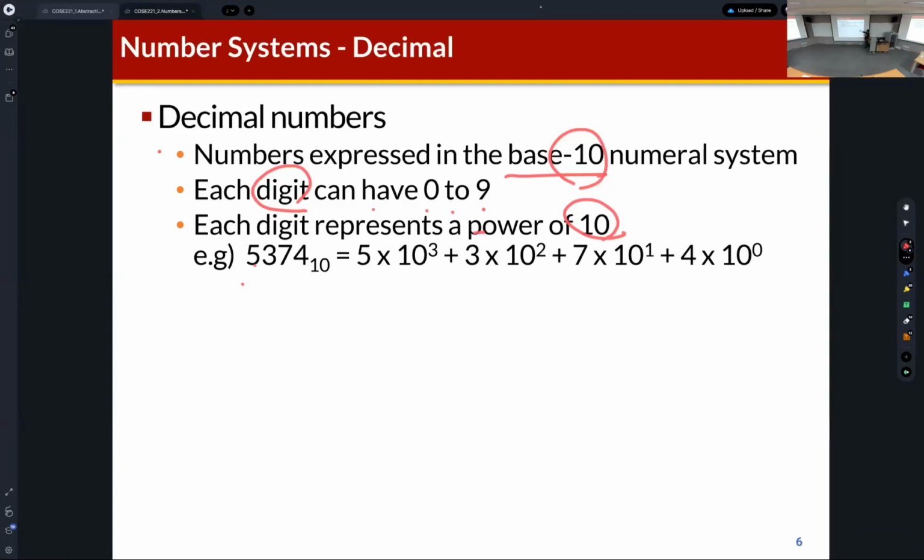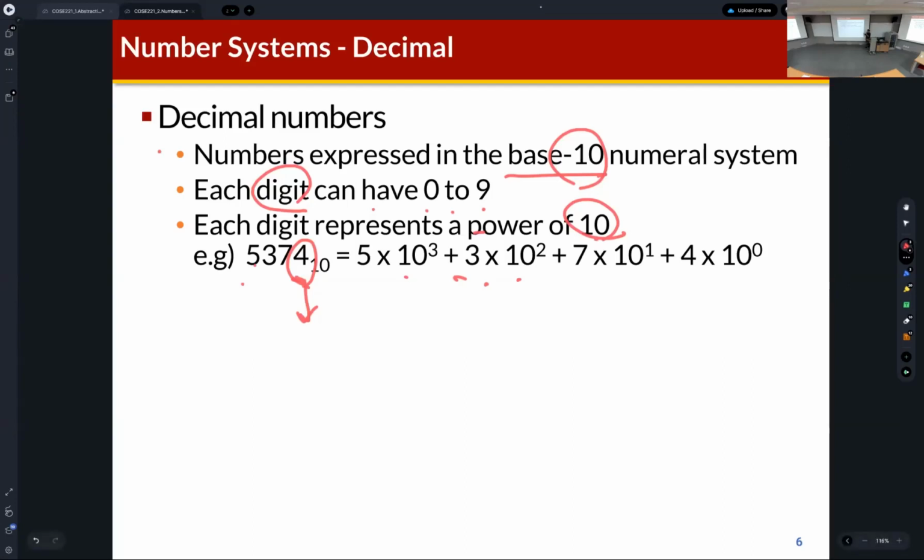We can represent this decimal number with this equation: 5 multiplied by 10 to the power of 3, 3 multiplied by 10 to the power of 2, and so on. So we can represent each digit, and the magnitude of each digit can be represented using a power of 10.